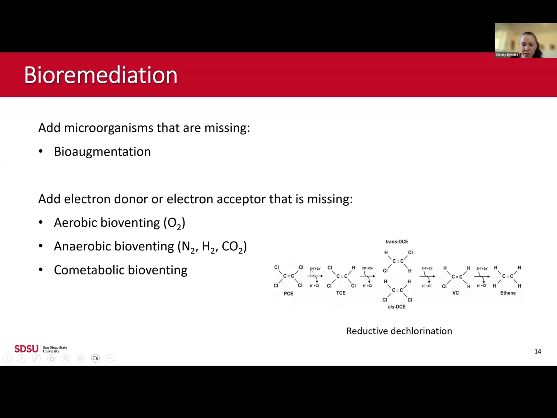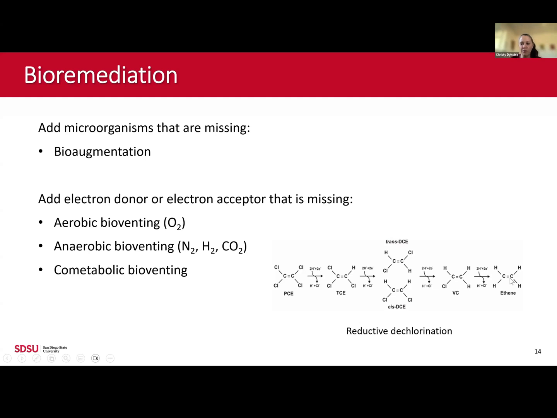And you can see here that it does take electrons and protons to be able to strip off 1 chloride. Each of these steps strips 1 off. One of the problems with this reductive dechlorination pathway is that we might get stuck somewhere here, because each of these steps requires electron donor.